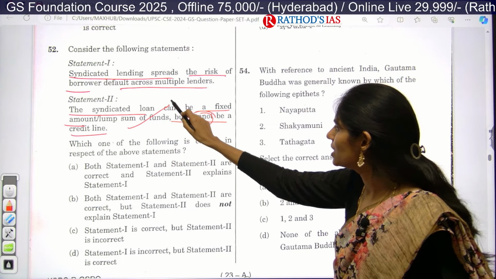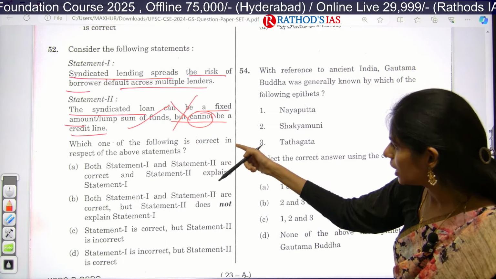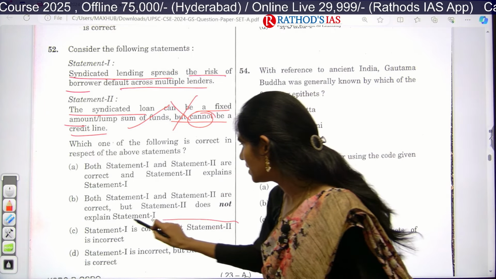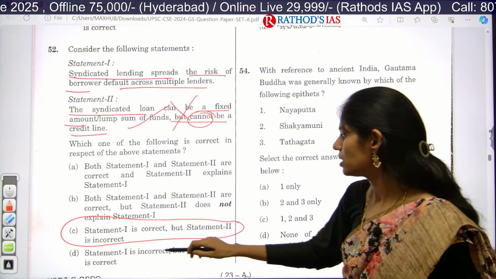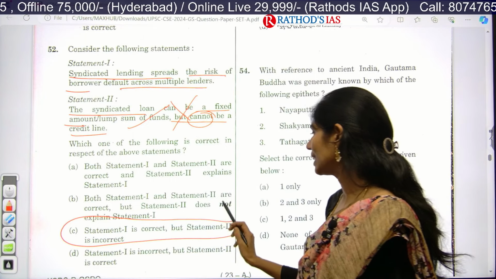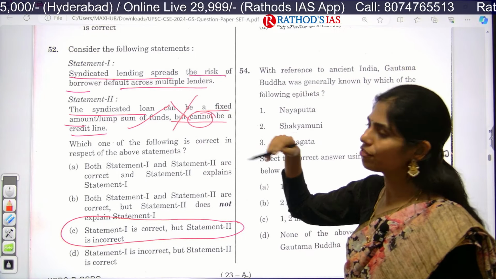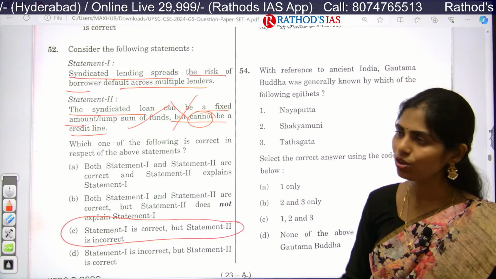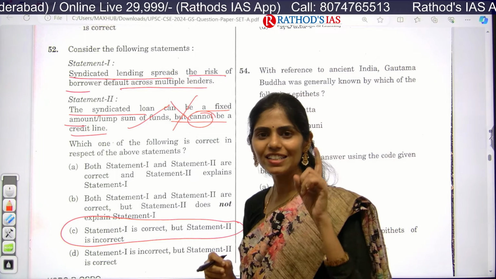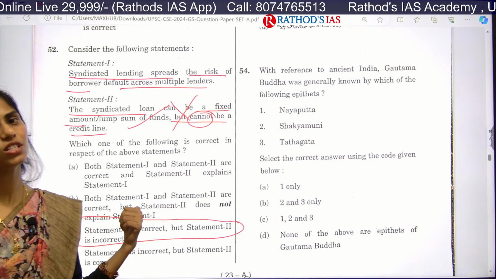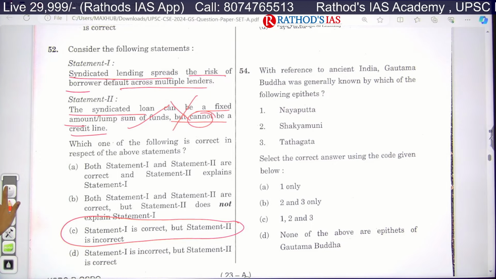So this statement is incorrect. Among the options, where statement 2 is incorrect, it is option C. So statement 1 is correct but statement 2 is incorrect. Clear? In this type of question with statement 1 and statement 2, if you identify that one statement is incorrect, you can easily reach the correct answer.